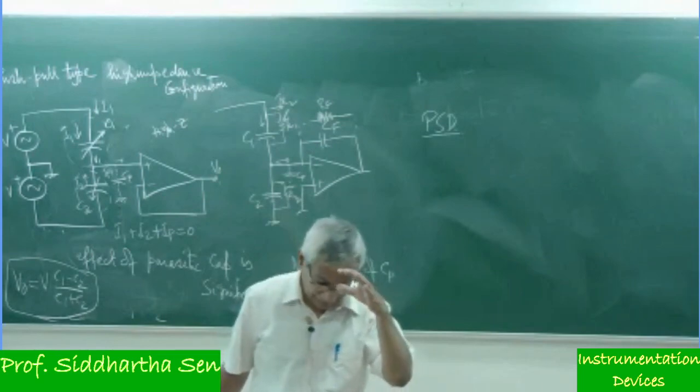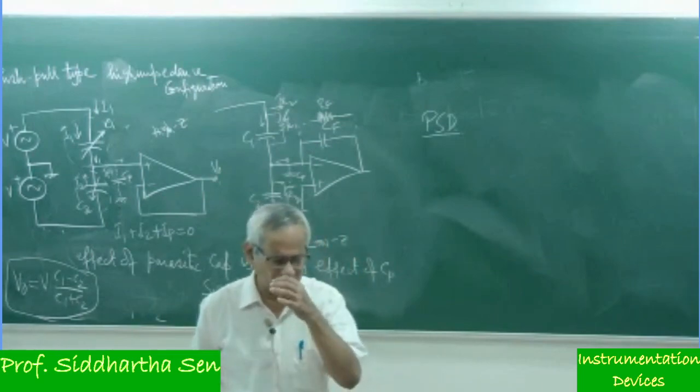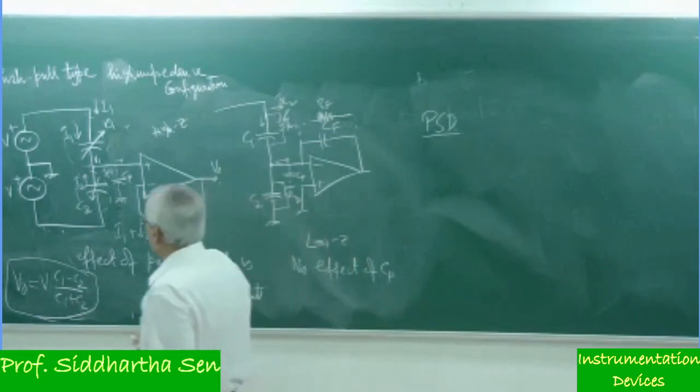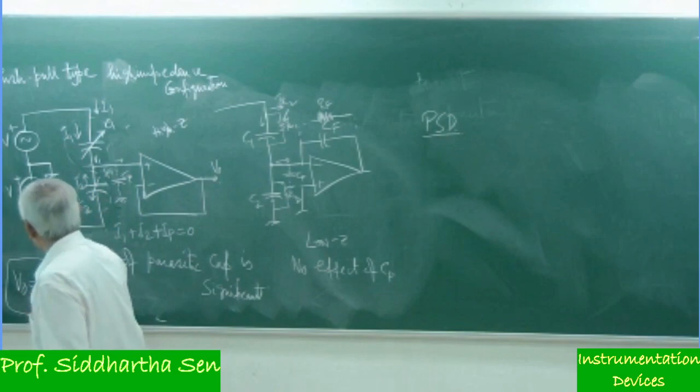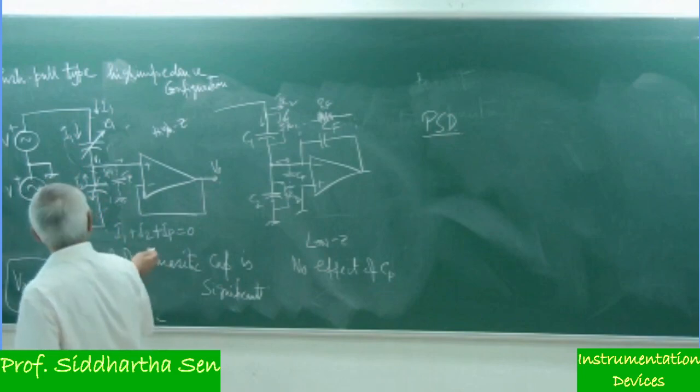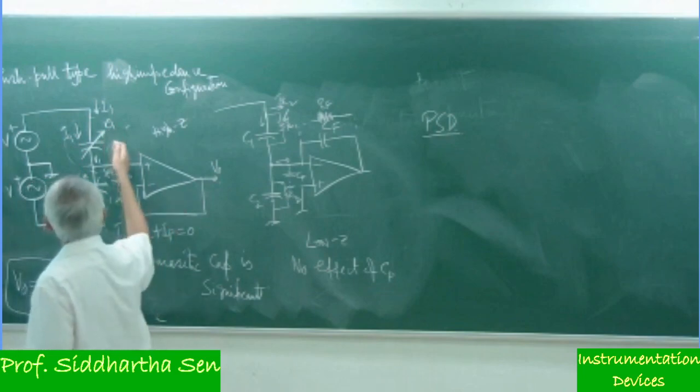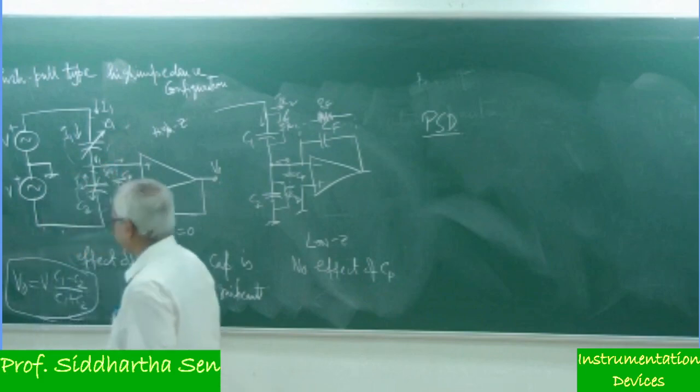So we get two types of voltages at the output: one is the in-phase component, which is due to the capacitance, and one is the quadrature component, which is due to the leakage resistance.